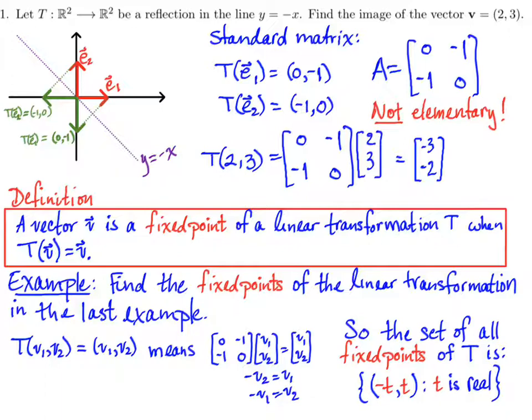All right, so that's a lot of fixed points. It's not just the 0 vector, right? The 0 vector goes to the 0 vector, but it's all the vectors that actually lie on the line y equals negative x. So that's what all the fixed points are.